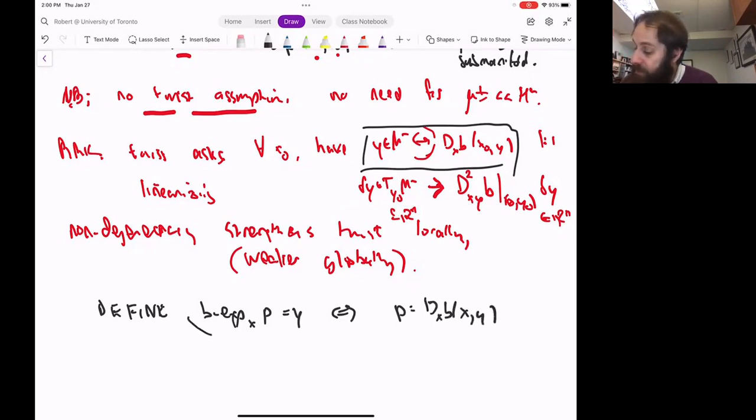So this b exponential was kind of the inverse of this one-to-one map. And non-degeneracy is exactly the implicit function theorem condition that you need for this inverse map to be smooth or differentiable or whatever.